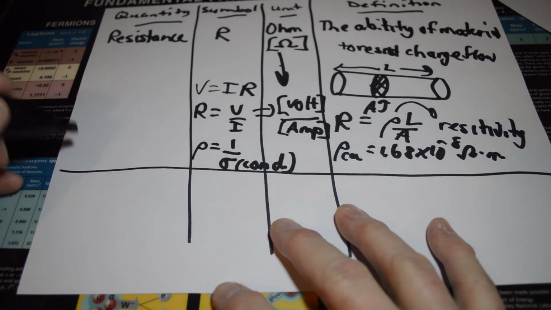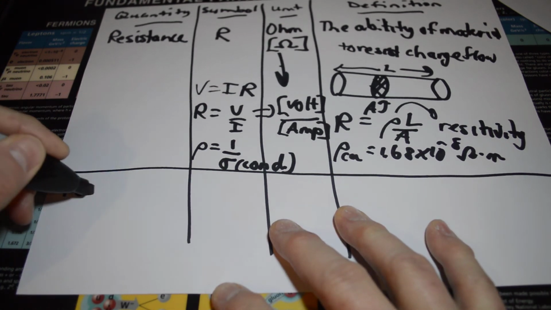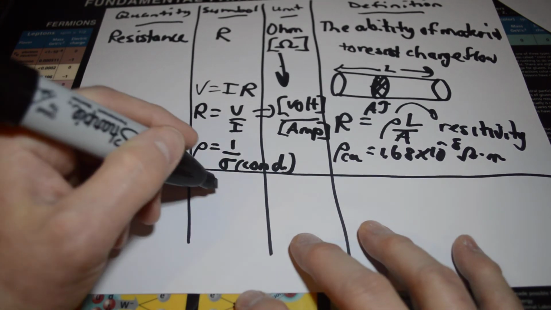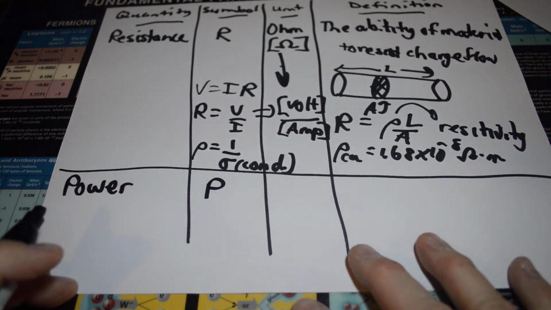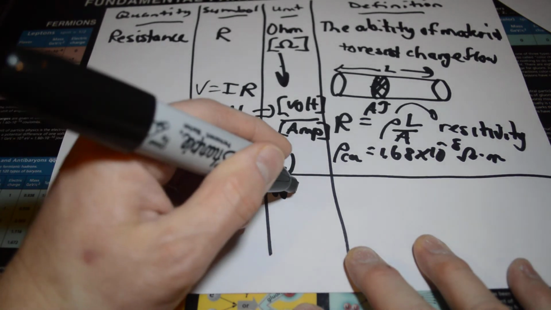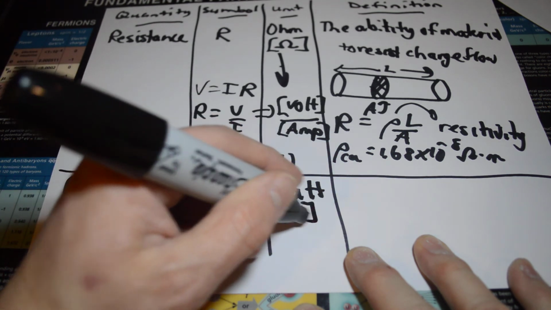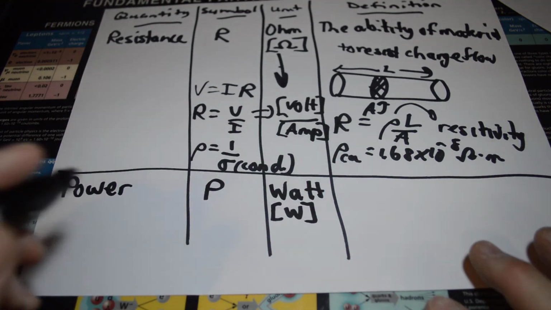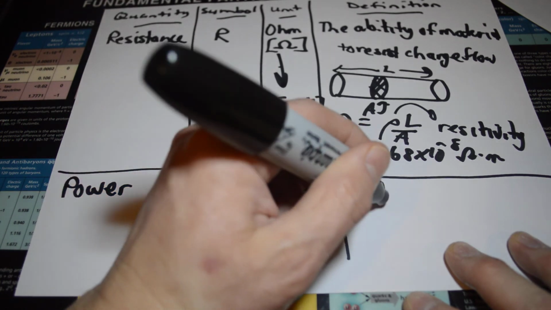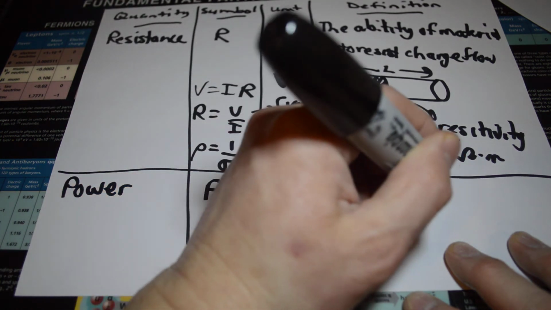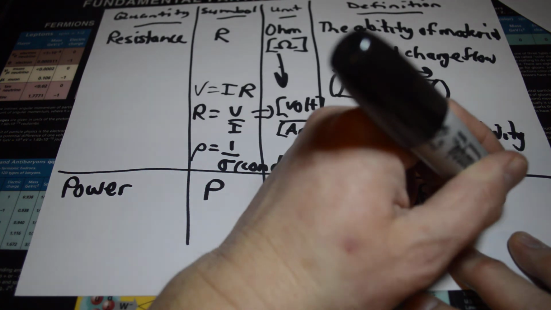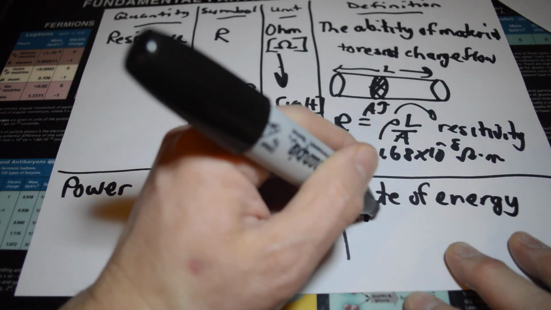Last thing we want to talk about is power, electrical power. We're going to use the letter P just like we did in mechanics. If you remember, the unit for power is the watt. That's just the rate of energy transfer, just like we said before in mechanics.